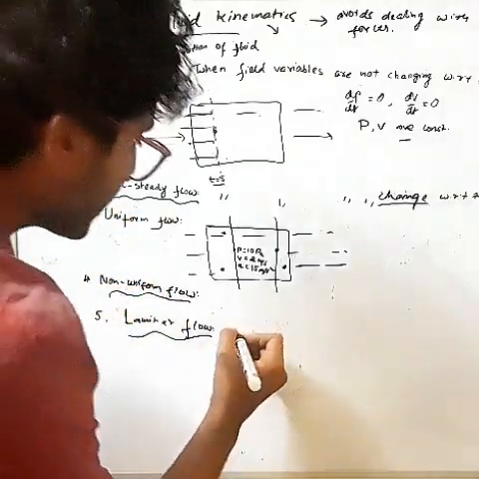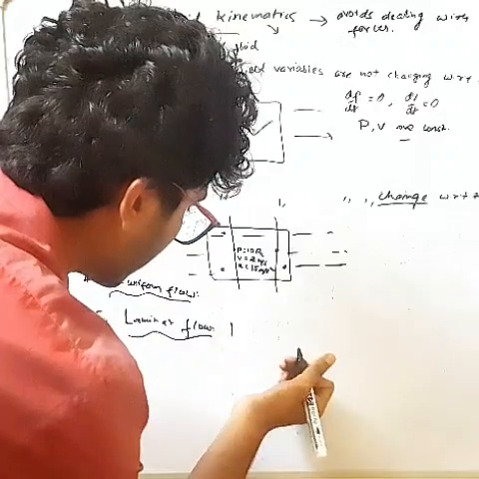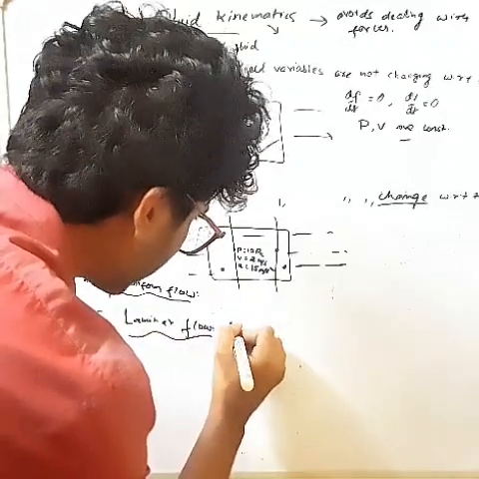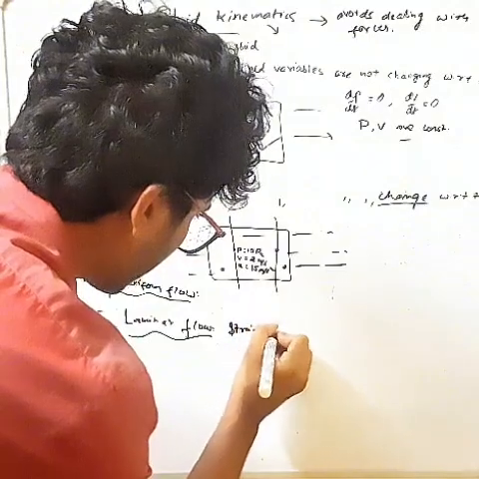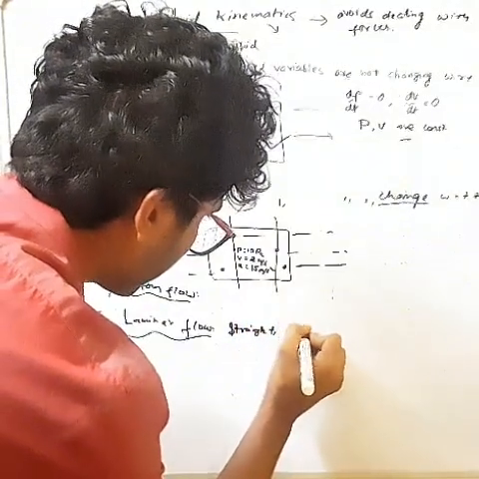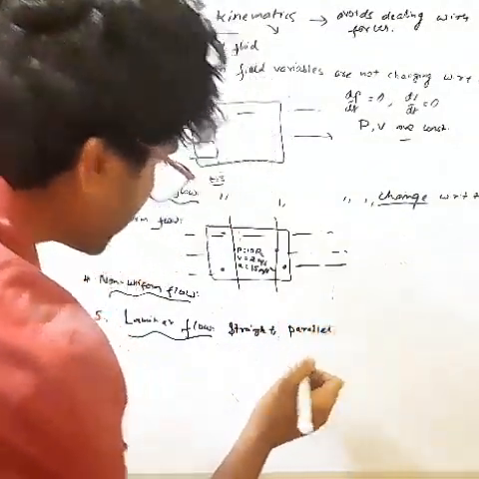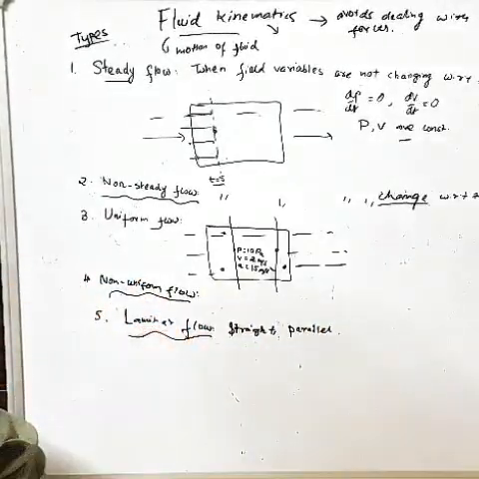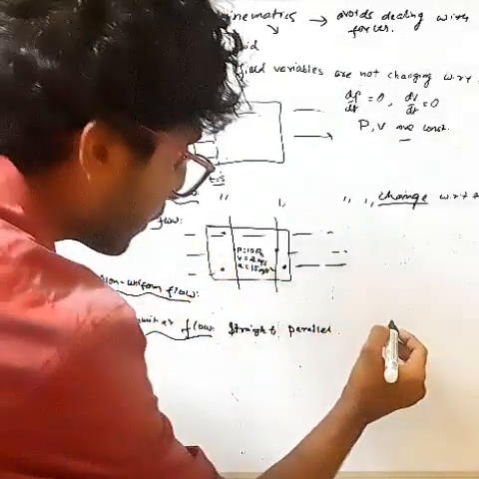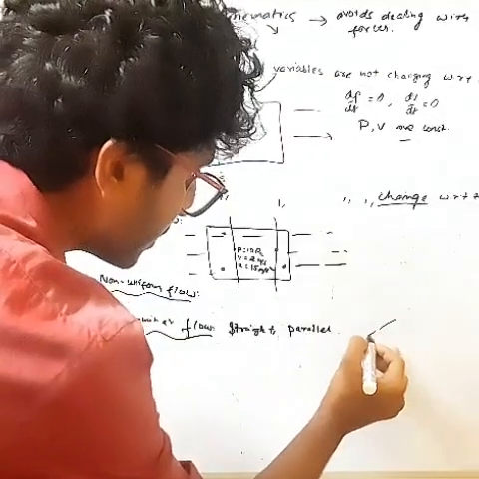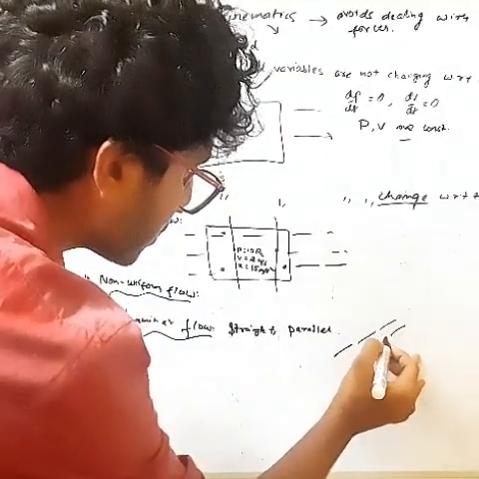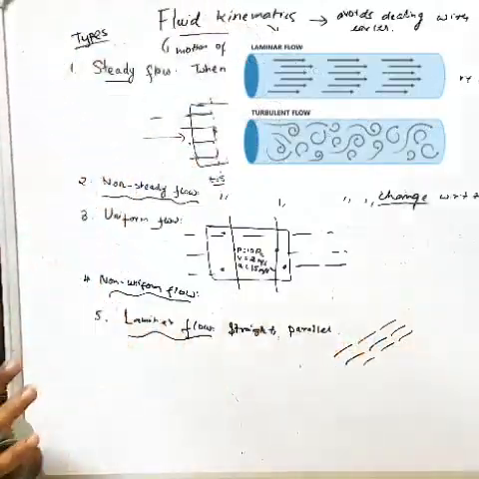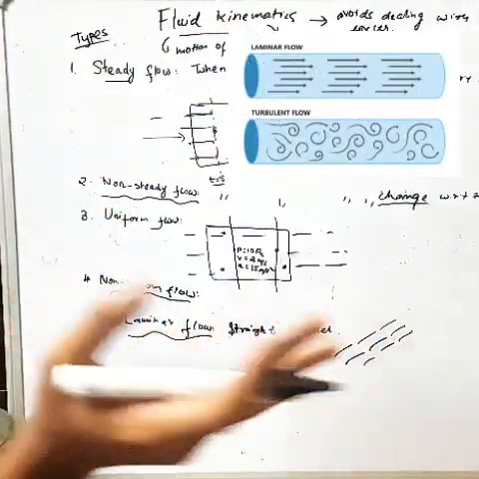It's straight and parallel. It's literally just that, straight and parallel. That's how laminar flow is. When the water flows, the particles are on a line, in a very smooth manner.